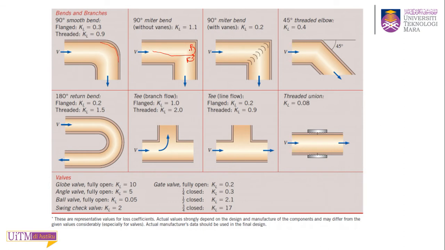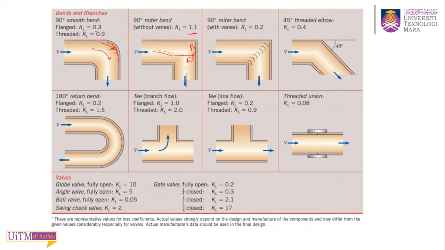Not every flow goes smoothly here. Compared to this smooth bend, you will have less colliding with the wall than with this 90 degree mitre bend. That's why your coefficient is higher compared to the 90 degree smooth bend.